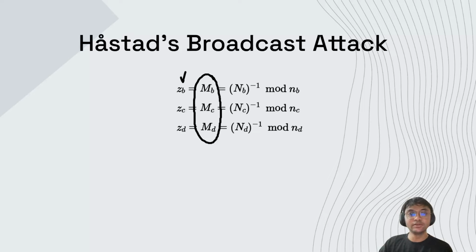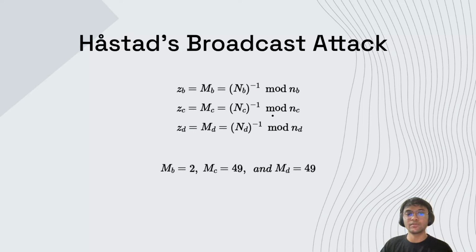So Z sub B is the modular inverse of capital N sub B modulo N sub B. Z sub C is the modular inverse of capital N sub C mod N sub C. And Z sub D is the modular inverse of capital N sub D mod N sub D. Now, we can calculate these inverses using the extended Euclidean algorithm.